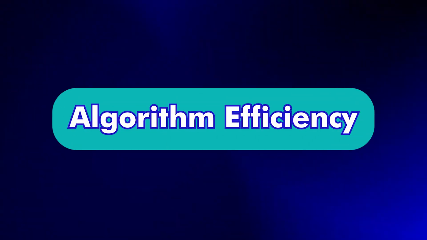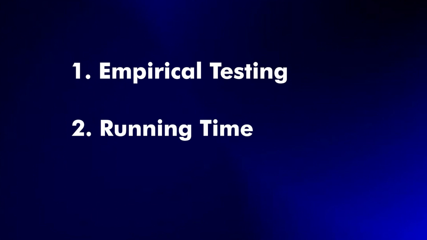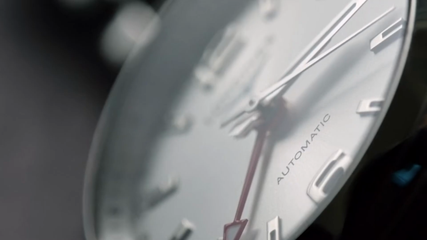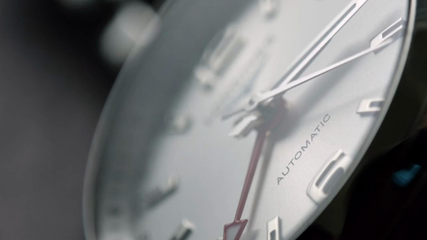Now, how do we really measure the efficiency of algorithms? There are two common approaches. One is empirical testing. The other is determining the running time. Let's start with empirical testing. This involves timing your algorithm to determine how long it takes to solve a problem.